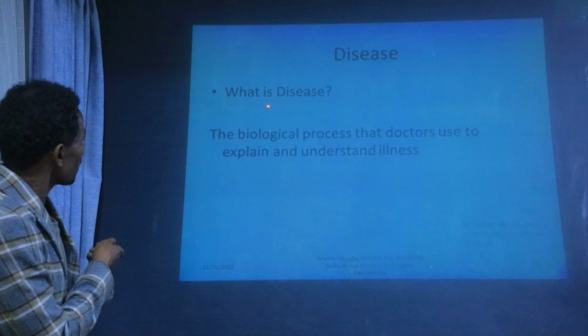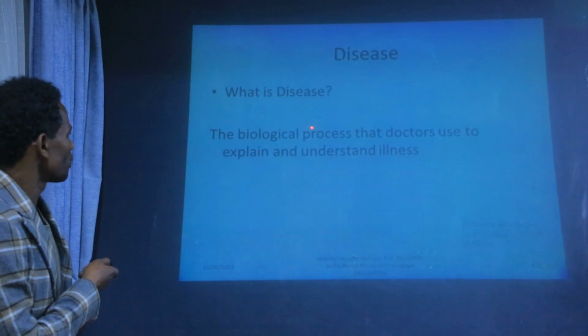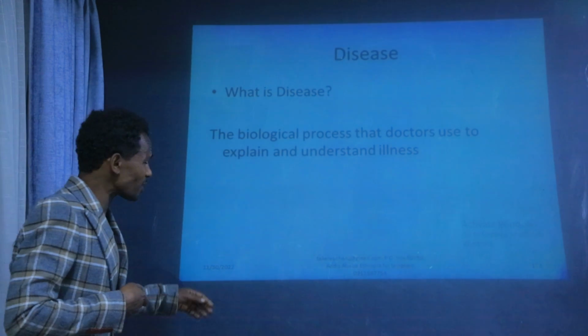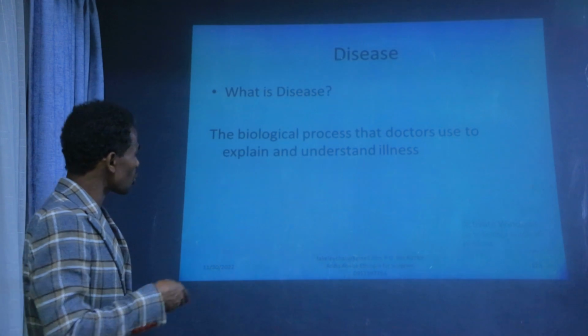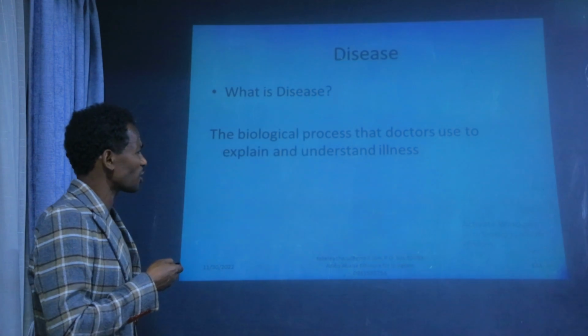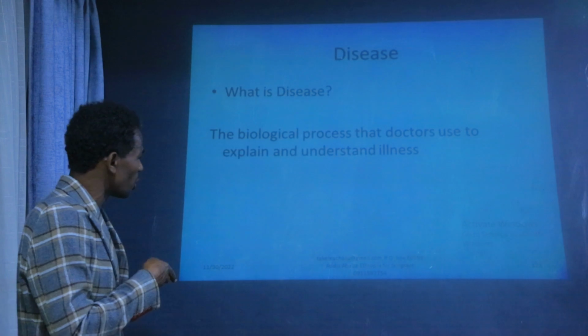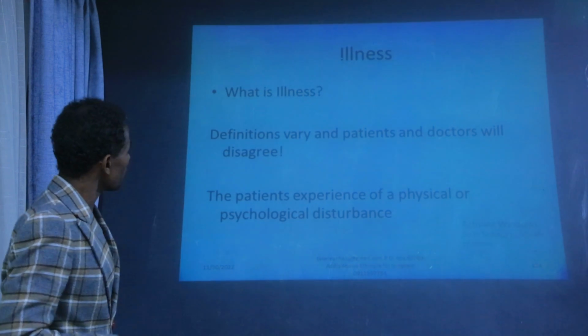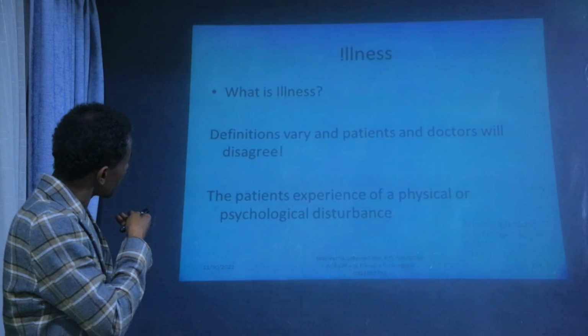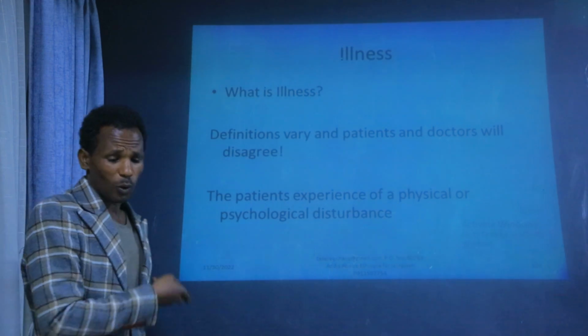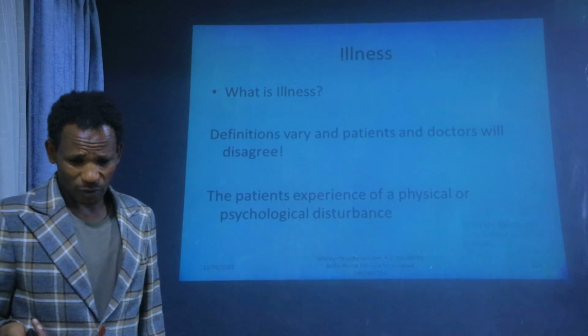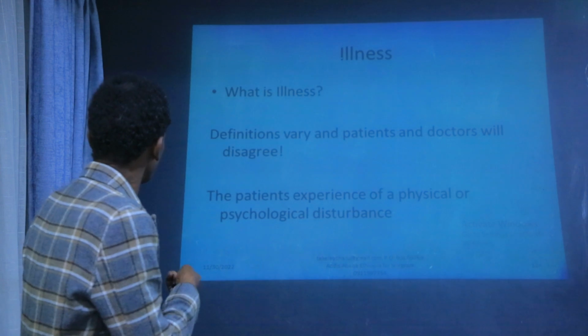Simply, what is disease? From some scholars' definitions, it is the biological process that doctors use to explain. Here is the definition of the disease, and the next one is another definition from the scholars.